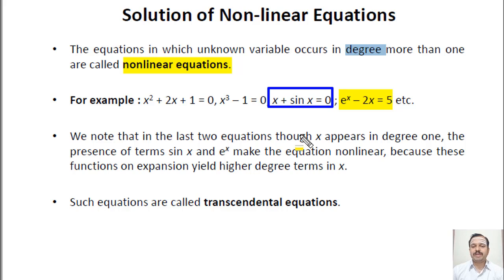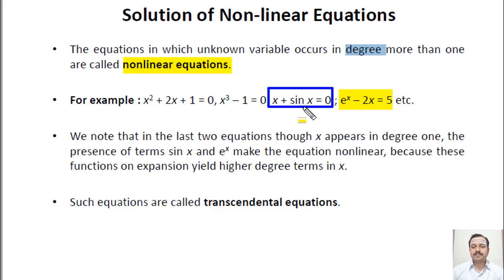In the previous two equations, the unknown x appeared in degree 2 and degree 3, therefore those two equations were nonlinear. We agree with the definition. But in these two equations, the unknown is again x, and x appears in a degree more than 1. That is an important thing to be noted.